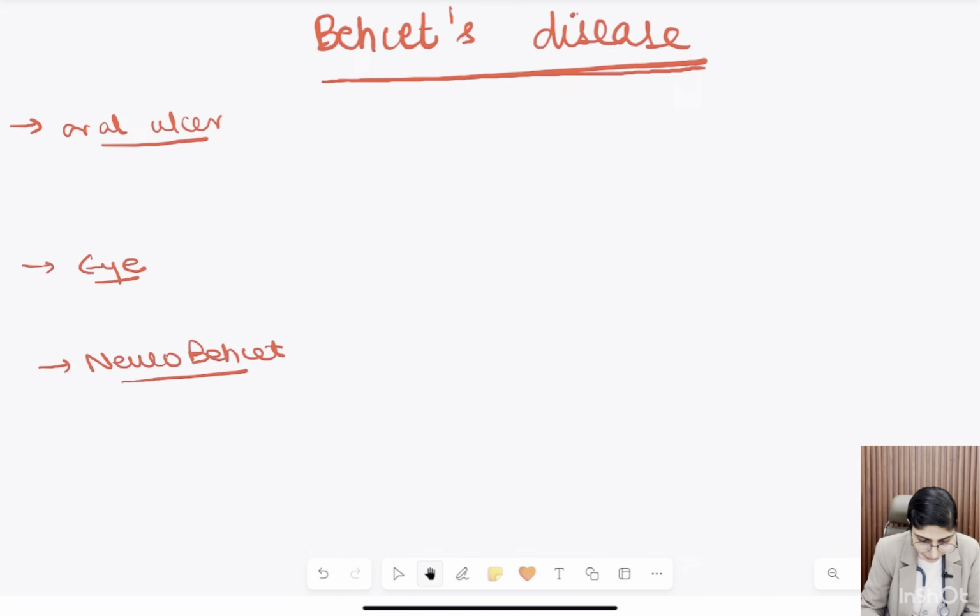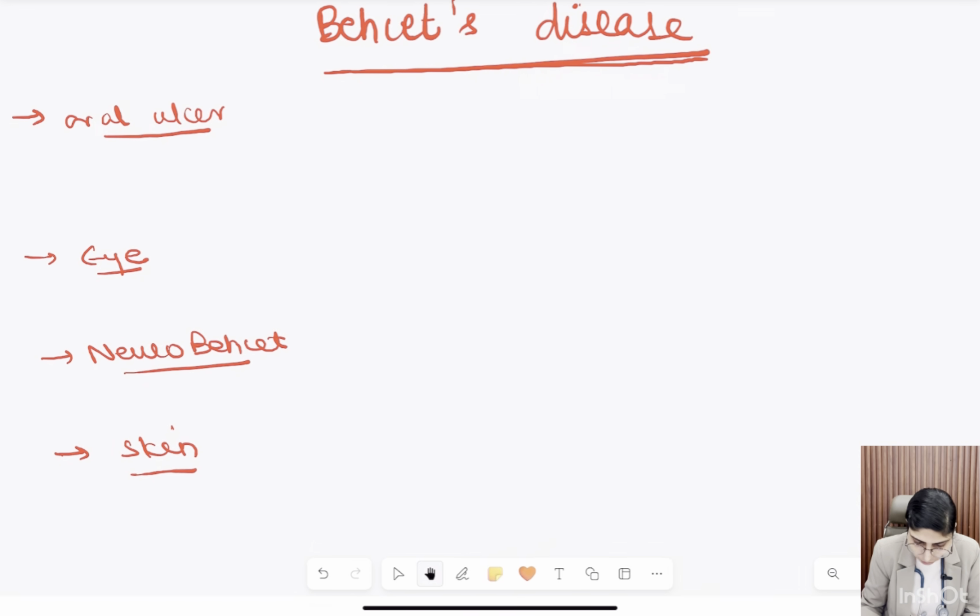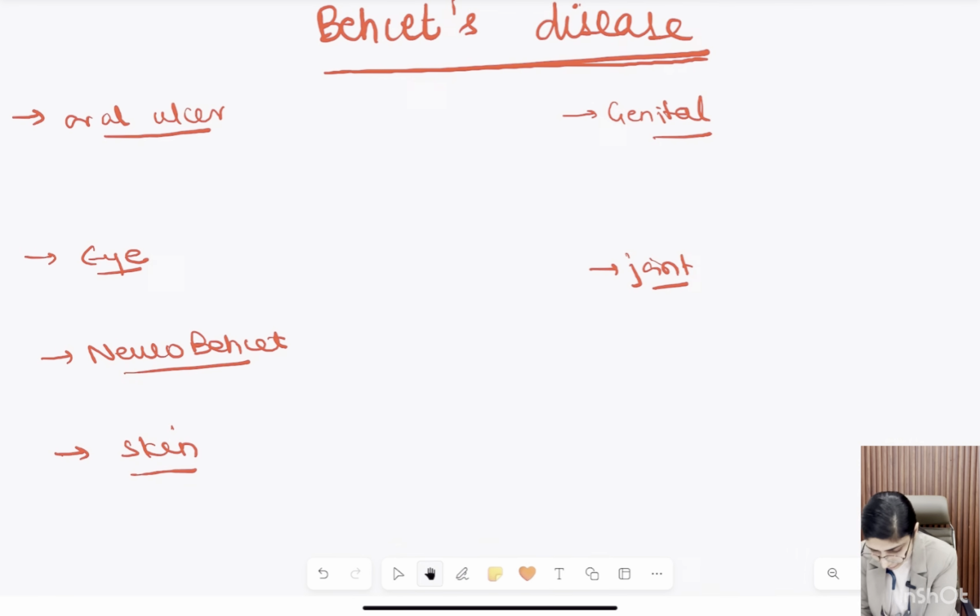So, this is all of head and face. Then we have skin involvement. Then we have genitalia involvement. Right, and then we have the joint involvement, because of course we are talking about rheumatology and we're talking about joints. So yes, these are the important things about Behcet.